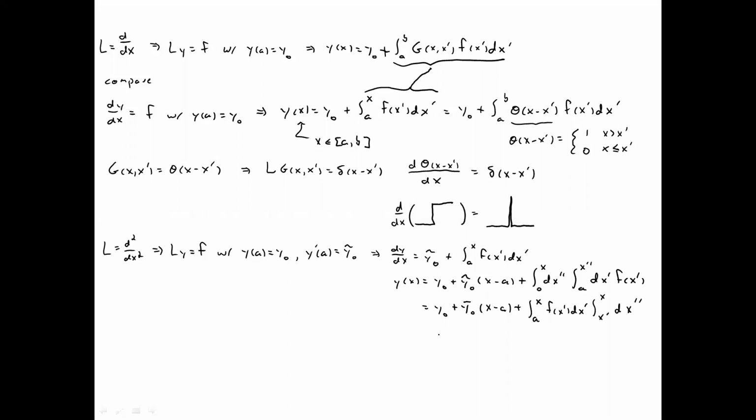Okay, so now we can do a little bit more massaging. This is going to be y naught plus y naught twiddle times x minus a plus the integral from a to x. Oh, wait, I can integrate dx double prime. So this is just going to be x minus x prime, f of x prime, dx prime.